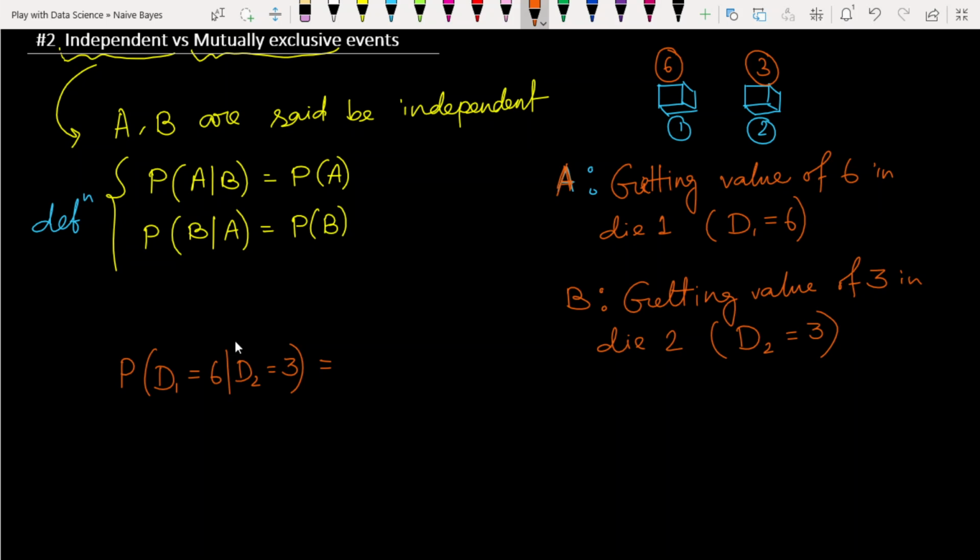Just see the English definition, forgetting the mathematical formulation. What does this formula mean?